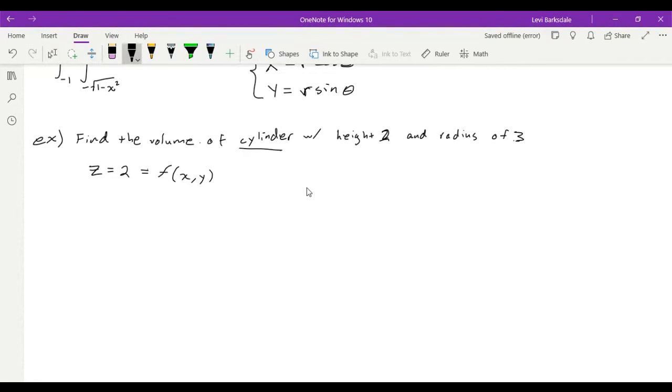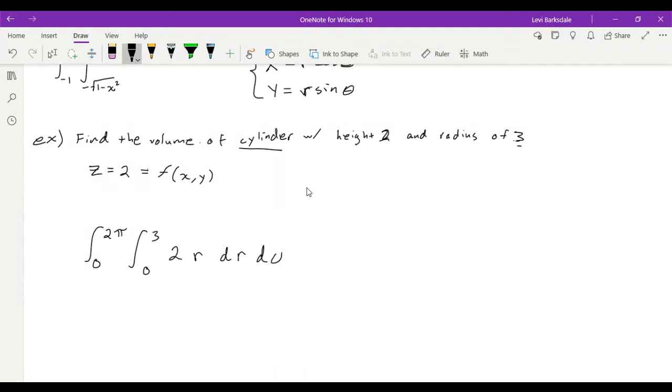And because it's a cylinder, we know that we'll be going around a full rotation. We also know the radius is given, that would be 3, so we'll be integrating from 0 to 3. Well, we convert our function f of x, y to polar, 2, and then because we converted it to polar, we multiply by an r.